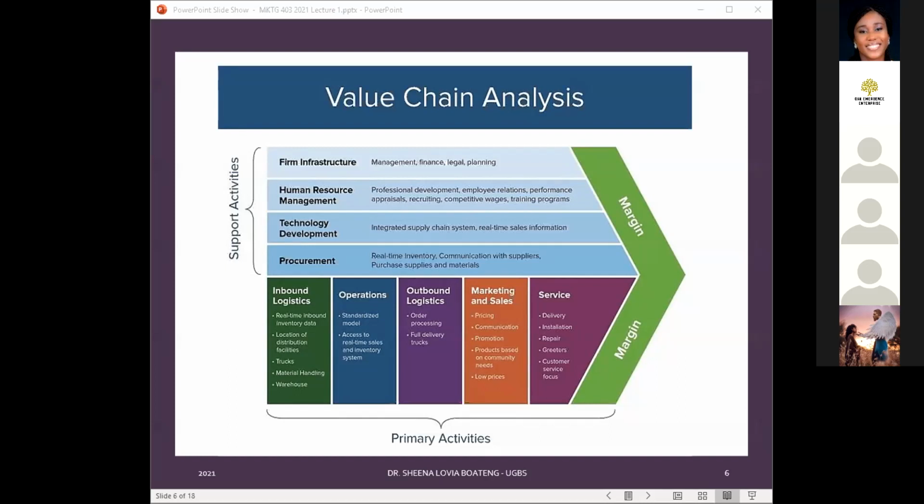Now we can talk about outbound logistics as well, where we have the raw material having been converted into finished products at the operation stage and now have to move out from the factory to final consumers through wholesalers and retailers and all these other middlemen. Now, aspects of this could involve order processing, because there are several retailers who will place orders for the product.